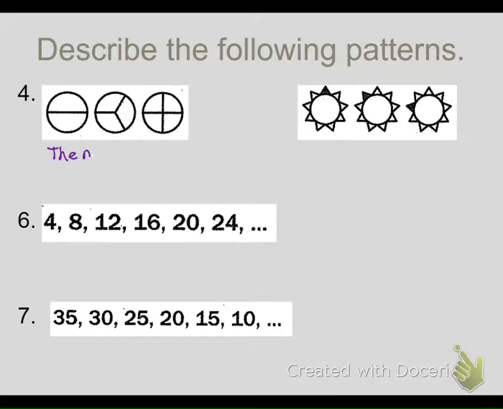The number of equal parts into which this circle is divided is increased by 1.